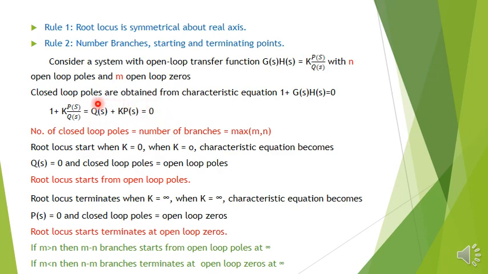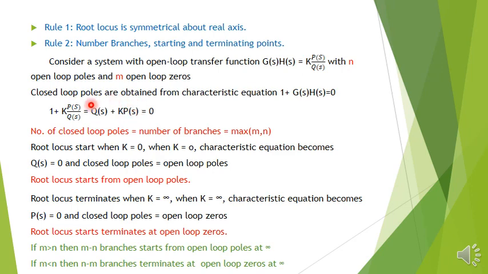So the question is, how many poles exist in this equation? This characteristic equation depends on the open loop poles and open loop zeros. Q(s) is of order n, P(s) is of order m.